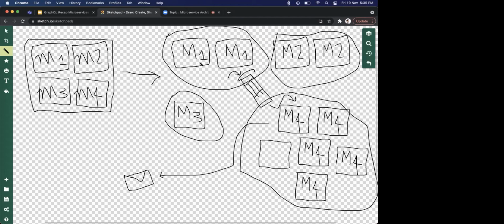Synchronous use case ये है कि I have requested a 1 month account statement. Okay, तो request सबसे पहले M1 के पास जाएगा, so it will identify who the person is, it will identify that Kishore has requested it, and उसके बाद it will internally talk to M4.